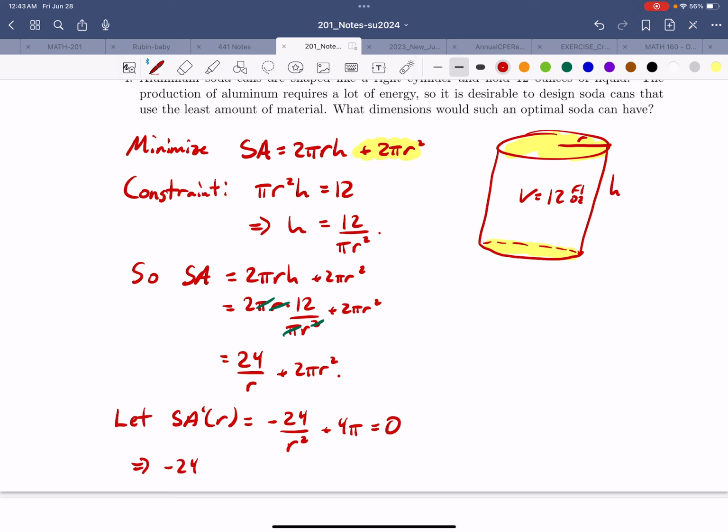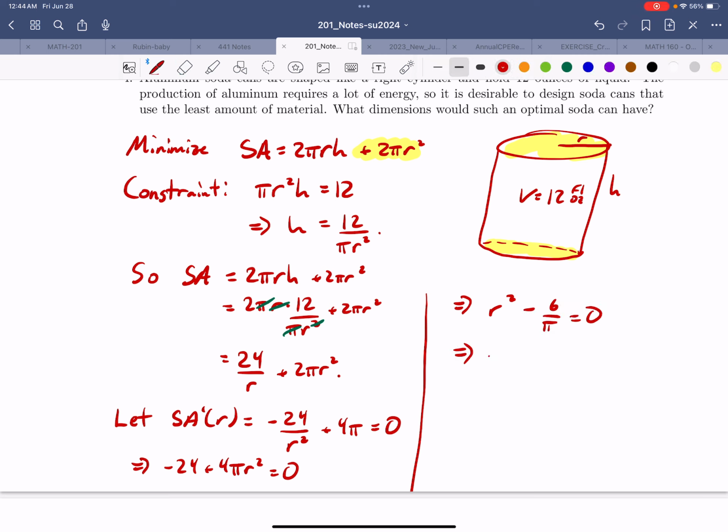Negative 24 plus 4 pi r squared equals 0. Then if we divide by 4 pi, we get r squared minus 6 over pi equals 0.